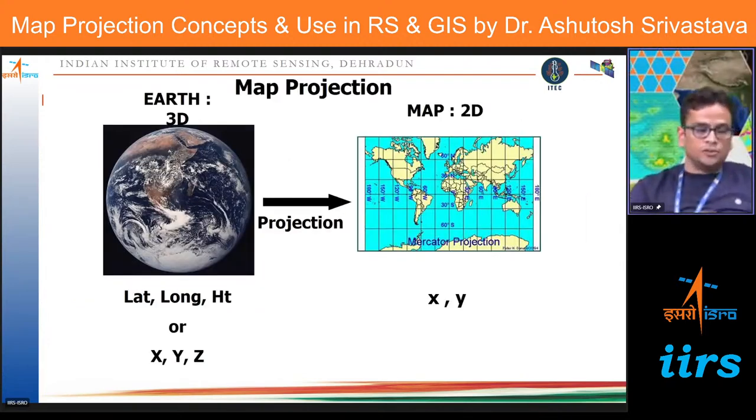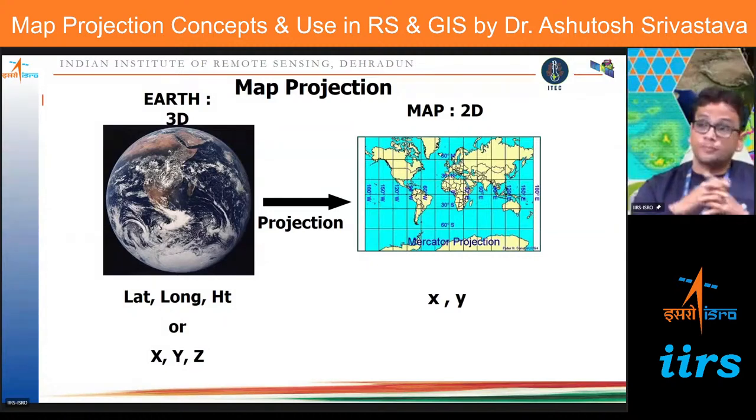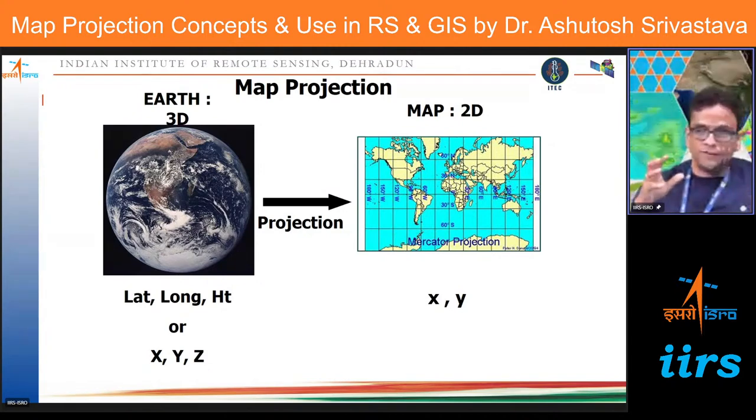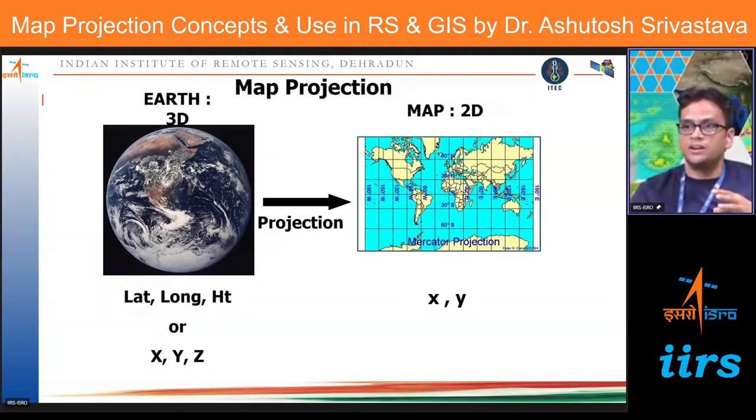Okay, so this was basically about our datum, ellipsoid, and coordinate systems. Now, using this three-dimensional geometry, the ellipsoid or datum, we will not be able to carry these three-dimensional things everywhere, and we need more and more information about different themes.